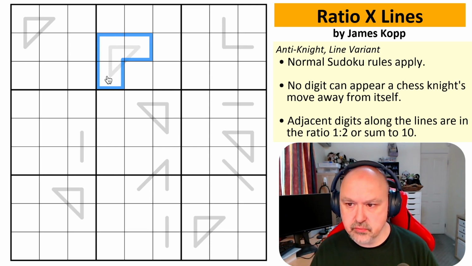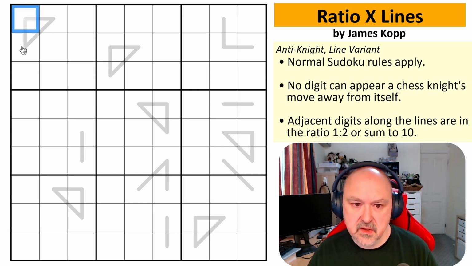And if I use 3, I automatically have to put 7 on it. If I use 6, I've got 4. But 4 is only in a relationship with 6 and 2 isn't in a relationship with 6. So that's not going to work. So I can't use, what can't I use?